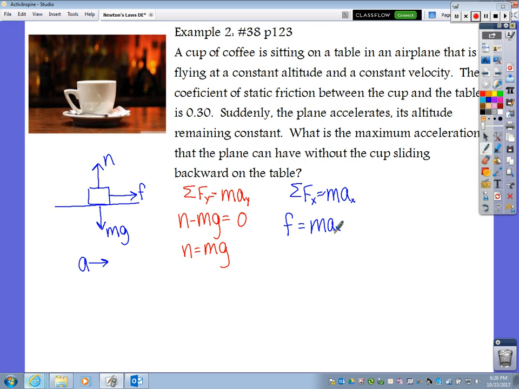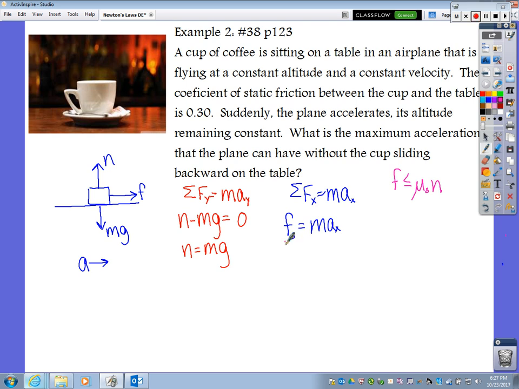And the friction force, this is static friction, is, remember the friction force, I'll do a different color. F is less than or equal to mu static times the normal force. We want to know the largest acceleration that we can have without it slipping. For that, we would need the largest friction force.